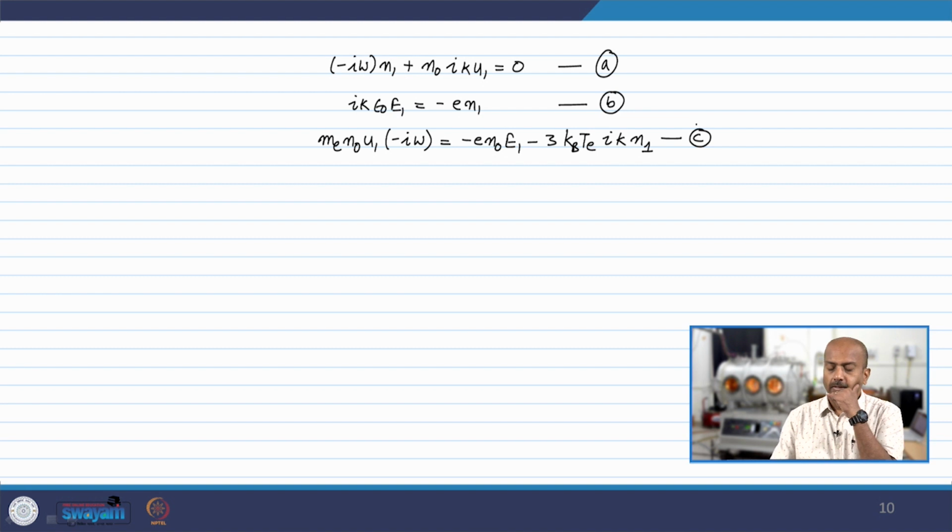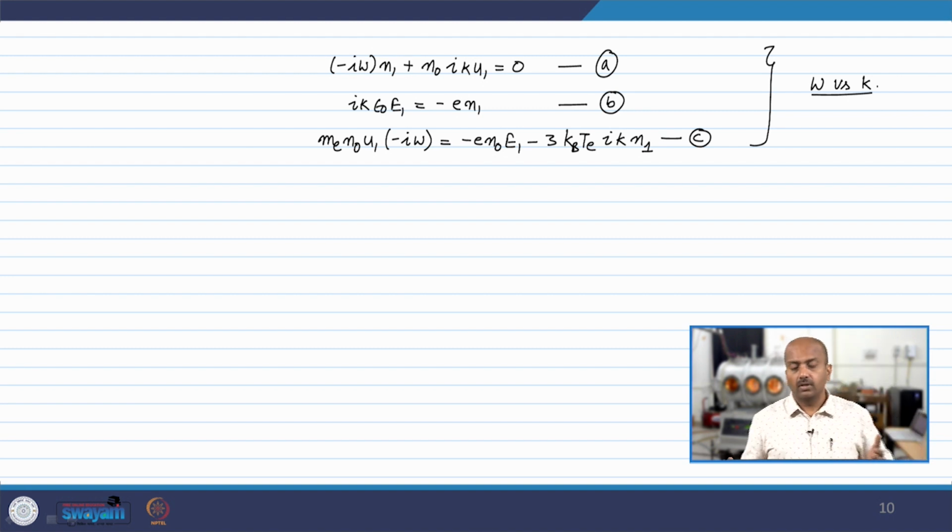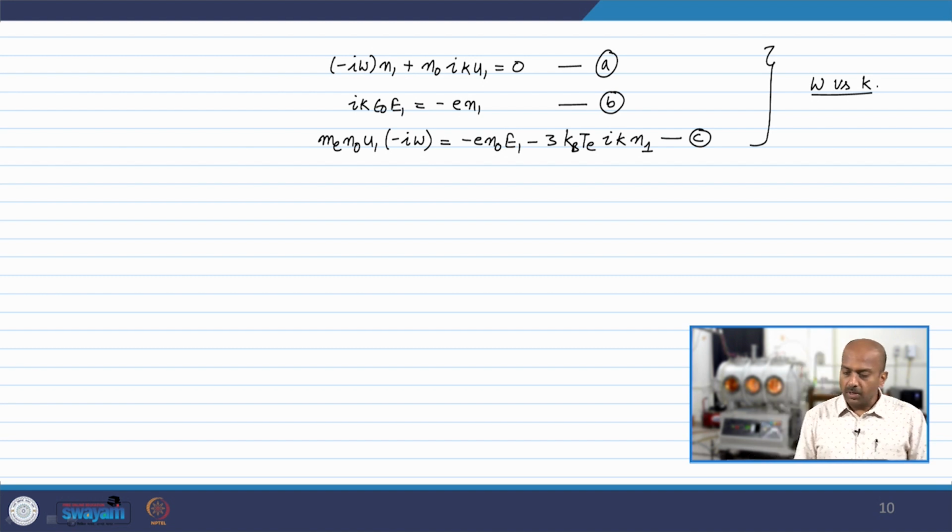Now, we have to eliminate some variables and obtain the dispersion relation, which is between omega versus k. If there is a wave in this picture, then the ratio of omega by k will give you the phase velocity, and the ratio of d omega by dk will give you the group velocity. From equation B, we can write E1 as equal to minus e n1 divided by i k epsilon naught.